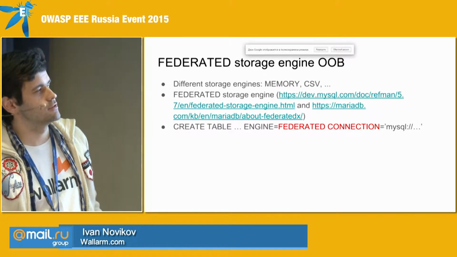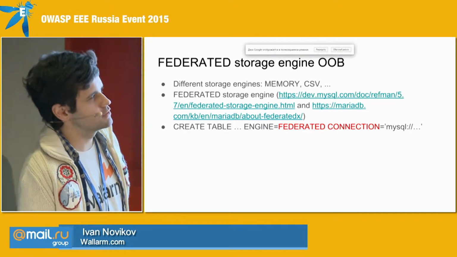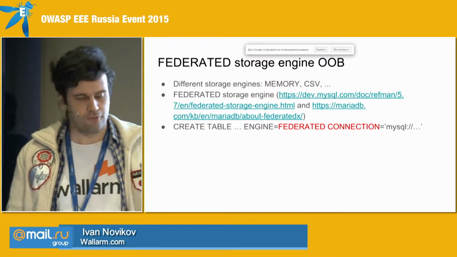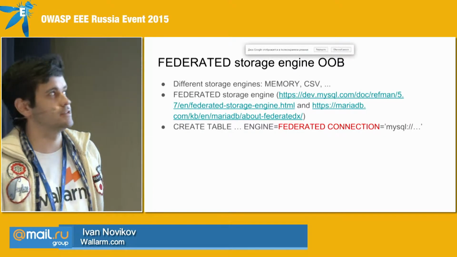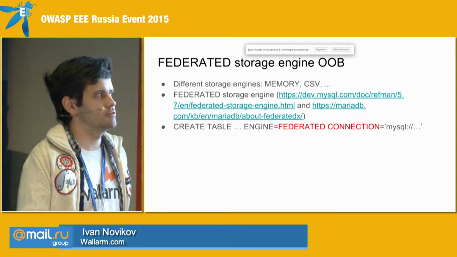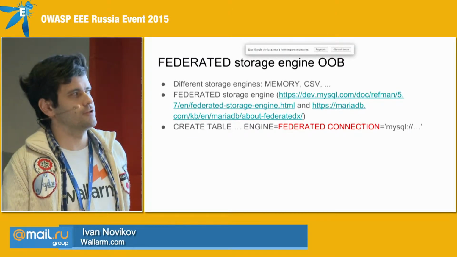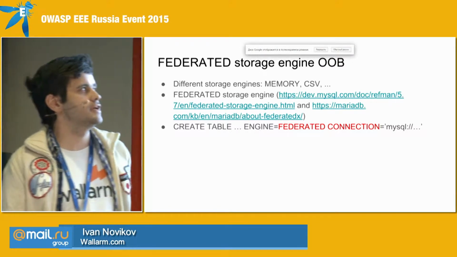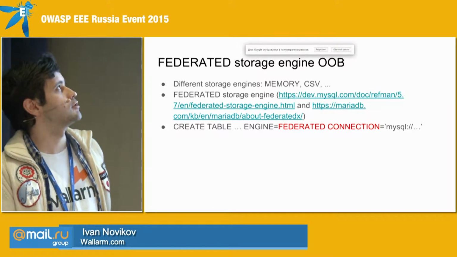In the case of the federated engine, we can provide an argument called connection with a connection string. It's really nice because if you can create a table, you can link this table to another database, and of course it may be evil.com, and the first domain or something other in this host can contain different data such as the version or something like that, and you have out-of-band exploitation again.